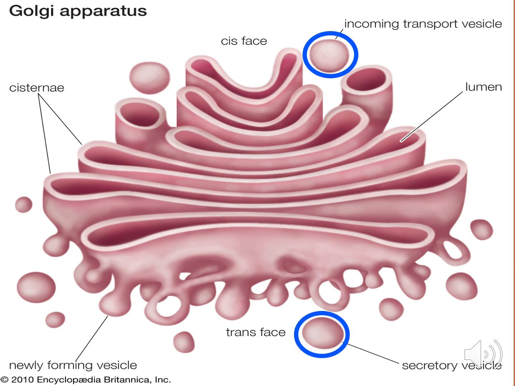Now, the book refers to secretory vesicles as simply transport vesicles. I guess technically you can say that the secretory vesicle is a kind of transport vesicle, but most specifically, the secretory vesicle is holding finished proteins. The incoming transport vesicle has unfinished polypeptides. The secretory vesicle is holding finished proteins. And what are we going to do with these finished proteins?